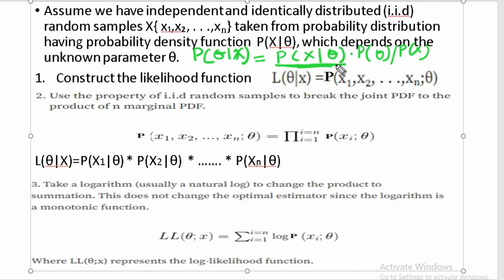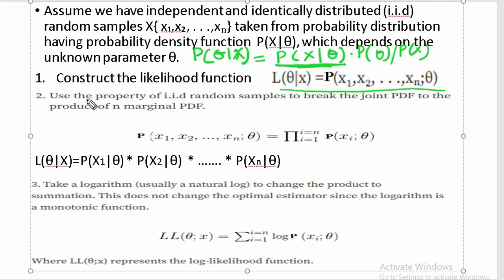So when we construct the likelihood function L theta given x, you can write it as P of x1 till xn given theta. In some textbooks it will be written as a bar, and in some textbooks it will be written as a semicolon.